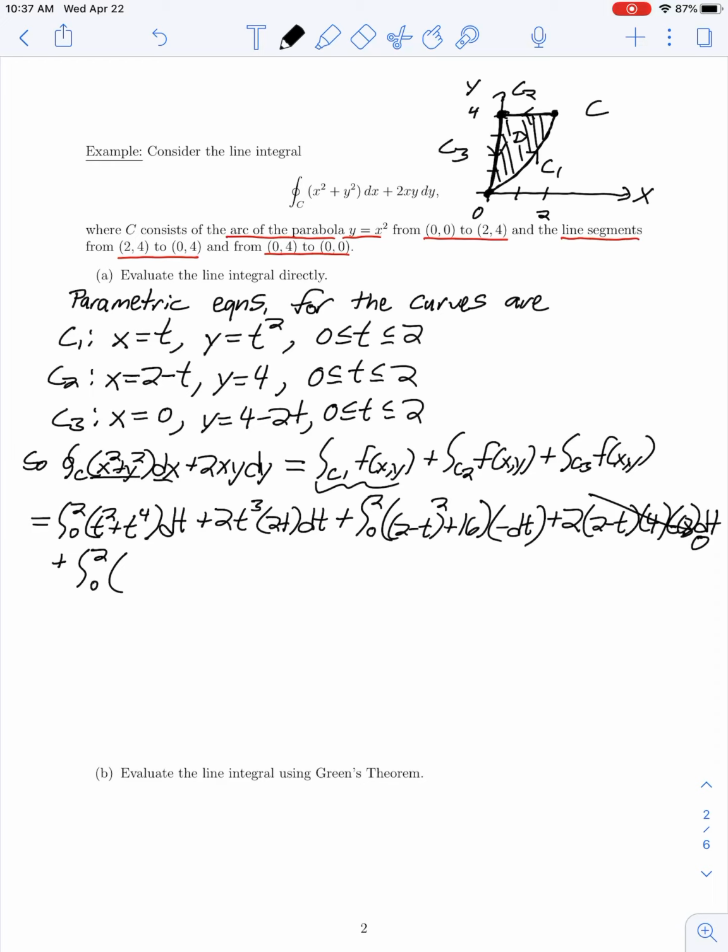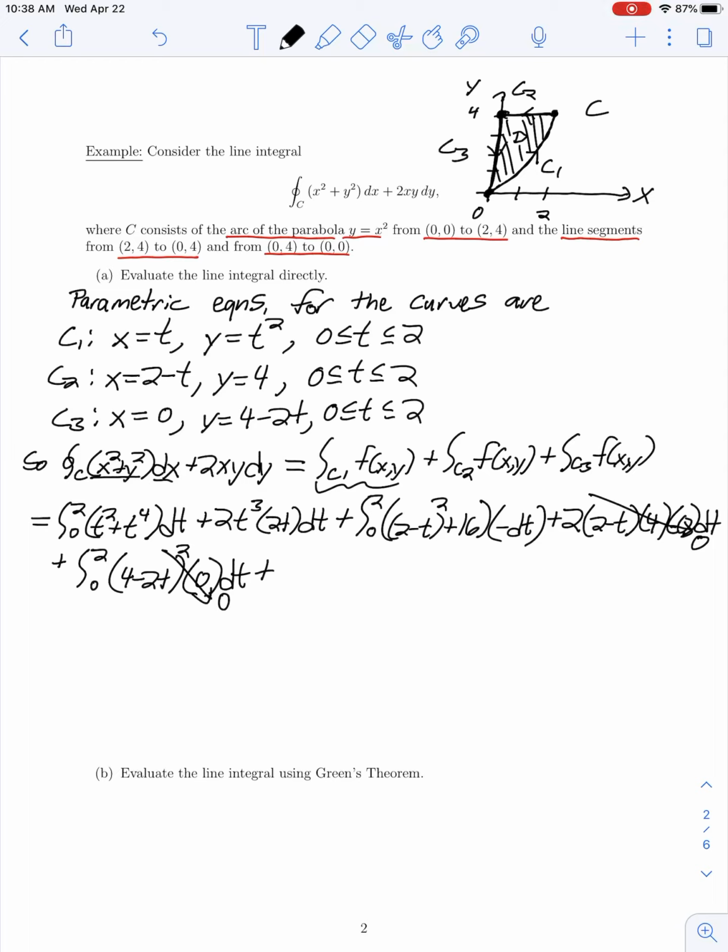Now x was 0 on C3, so we just have (4 minus 2t), which was y, quantity squared, times dx. Now on C3, x is 0, so dx is going to be 0 dt. So this term will also be 0. And then we are adding 2 times x times y.